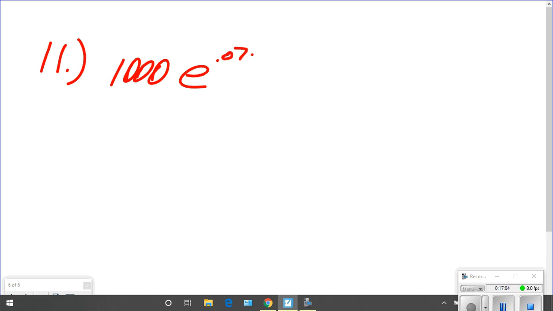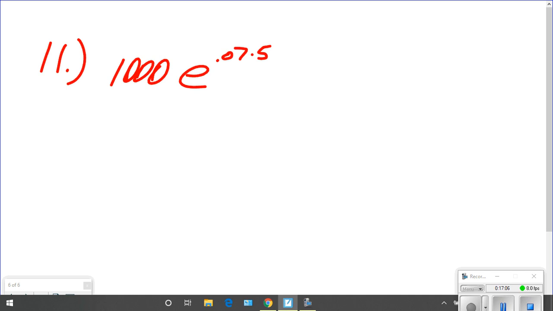Number 11. Aw, it's not a compare problem. Suppose that $1,000 is invested at 7% compounded continuously. How much money is there after 5 years? Well, this is PERT. Number 11 is PERT. The principal, E, the rate, the time.